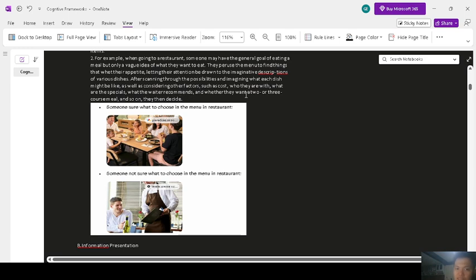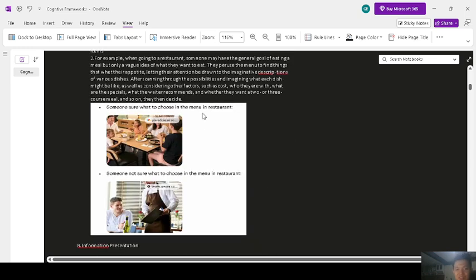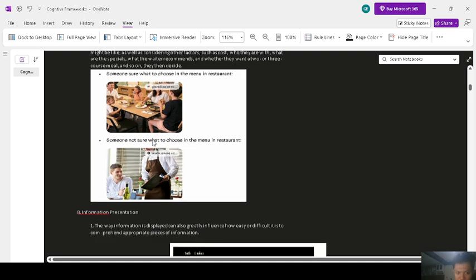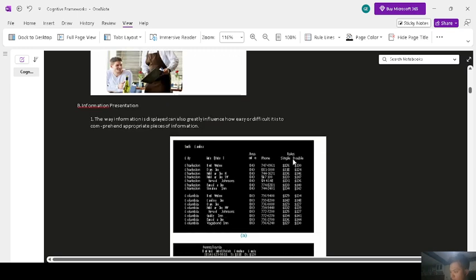After scanning through the possibilities and imagining what each dish might be like, as well as considering other factors such as cost, who they are with, what the specials are, what the waiter recommends, and whether they want a two or three course meal and so on, they can decide. Someone who is not sure what to choose from the menu in a restaurant. So the clarity is very important.